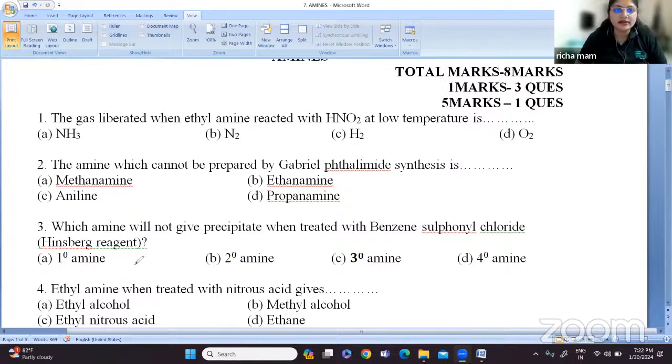Benzene sulfonyl chloride is the Hinsberg reagent. So what won't it give a precipitate with: a primary amine, a secondary amine, a tertiary amine, or a quaternary amine? Sharath has answered it as A.